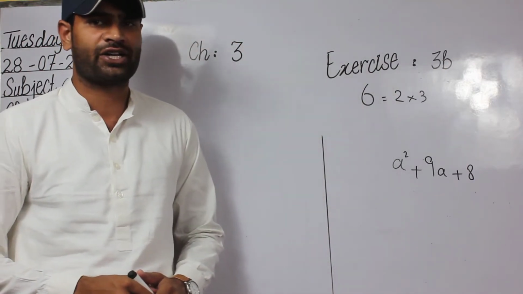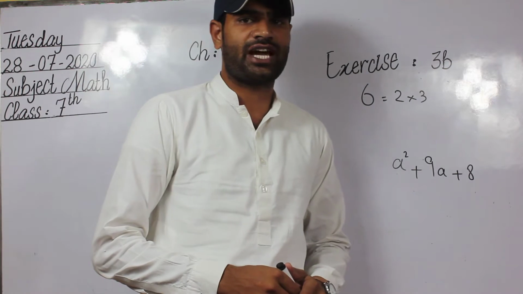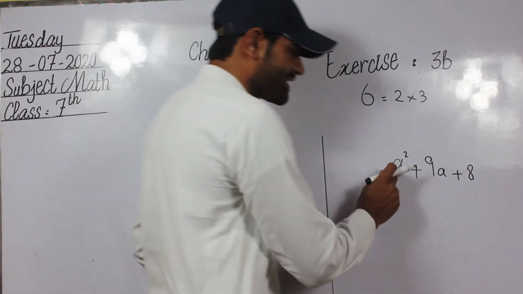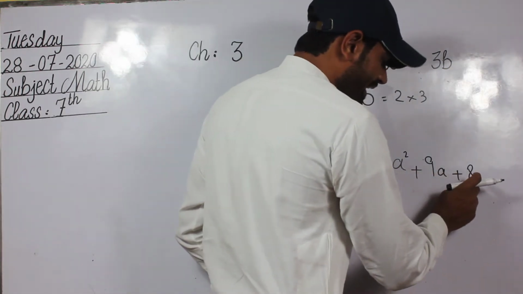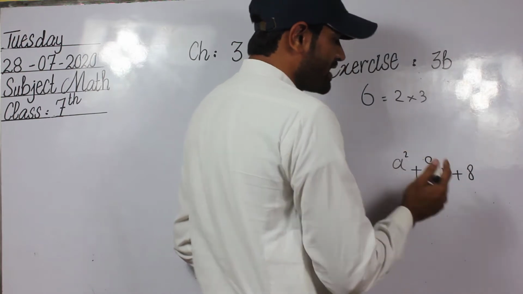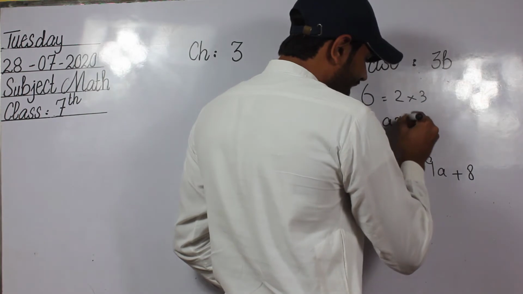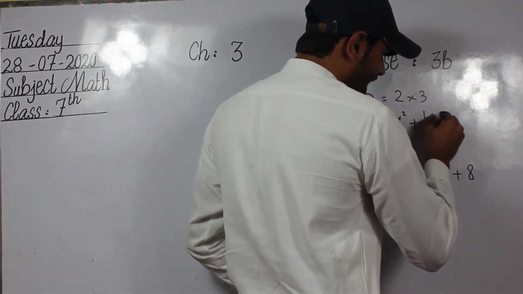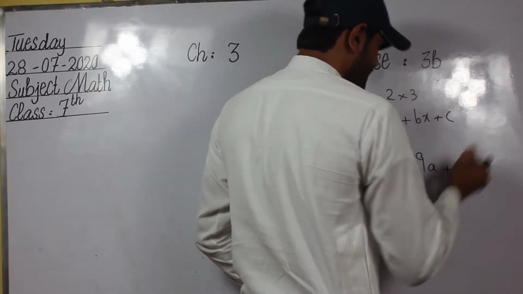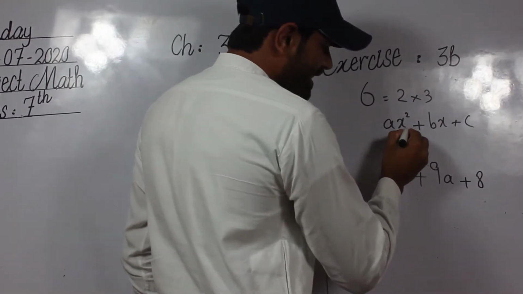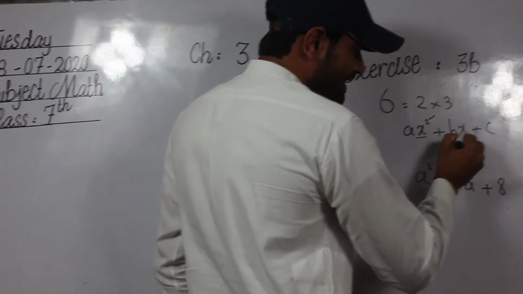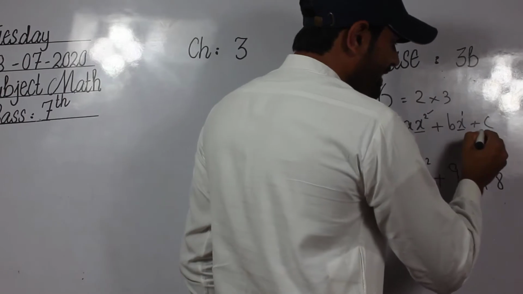We know that quadratic equations are expressions whose highest power is 2, like a square plus 9a plus 8. The highest power is 2 and the standard form of a quadratic equation is ax square plus bx plus c. So here x square has the highest power 2, then the single power, and then the constant.